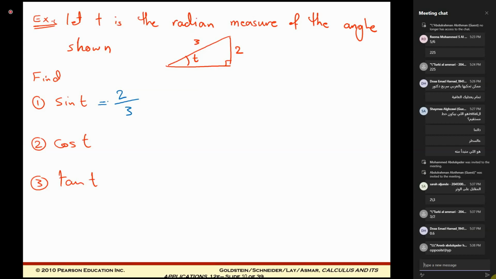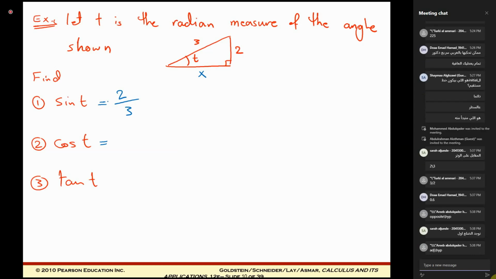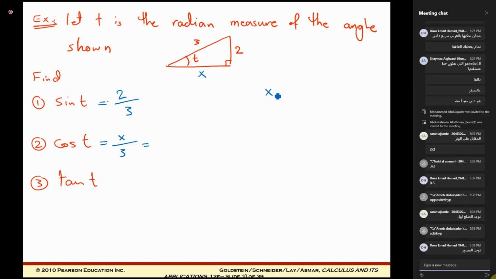Okay. Now let's come to the cosine. What's the value of the cosine? Cosine, we must find the adjacent, the side adjacent to t. The hypotenuse is ready, but the adjacent is x. So the value of x square equals what? 3 square minus 2 square.